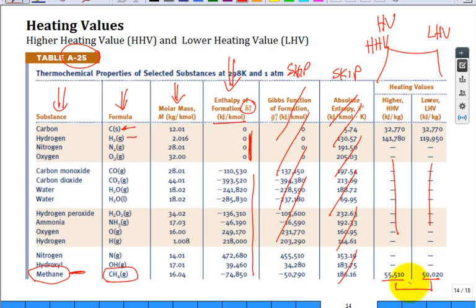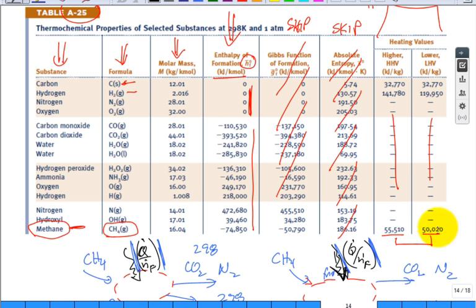How the water, which is one of the products, goes out of the combustion chamber. If you have a lower heating value, the H2O in the products is going out in the gaseous state. If you have a higher heating value, the H2O in the products is going out in the liquid state.